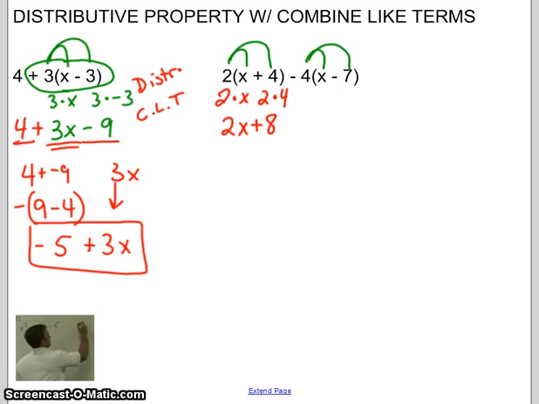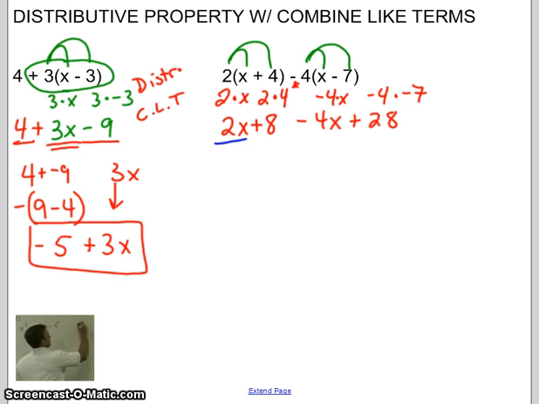Here we have negative 4 times x, and negative 4 times negative 7. Well, negative 4 times x is negative 4x, and negative 4 times negative 7 is positive 28. Okay, do we have signs in between each term? Yeah, we do. Okay, now we're going to combine like terms.